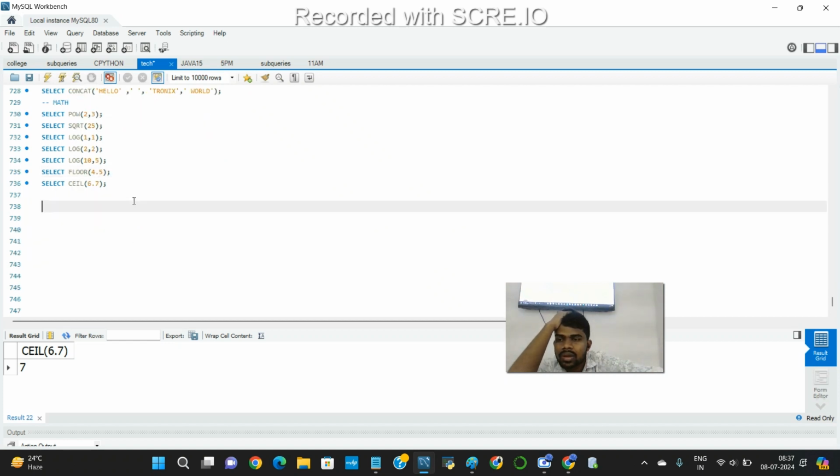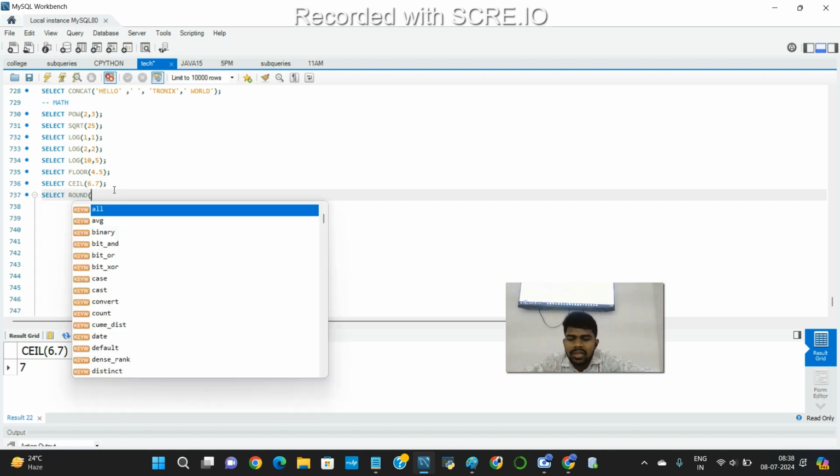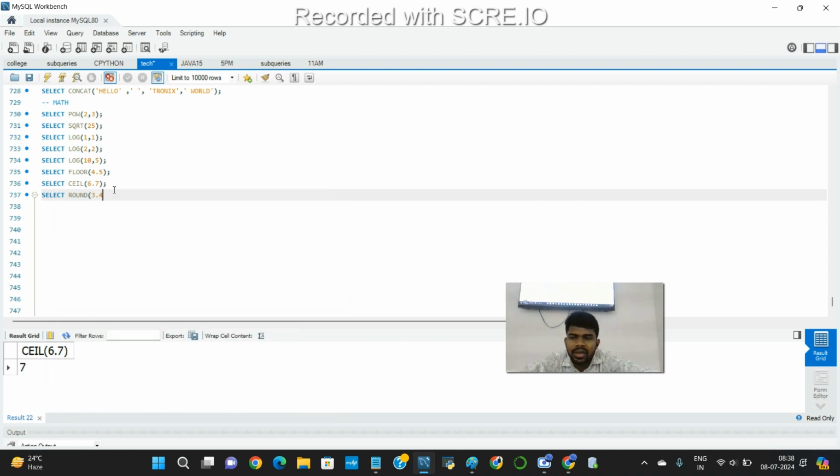So these are the math functions. For example, there is ROUND. What is the purpose of round? It will remove the decimal places. For example, let's take 456 comma 2 and see the purpose of round.